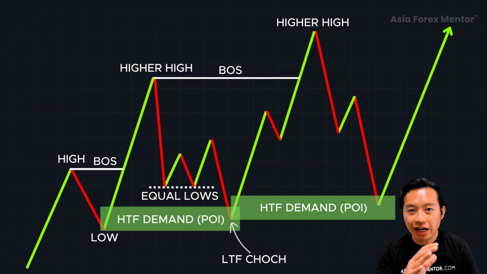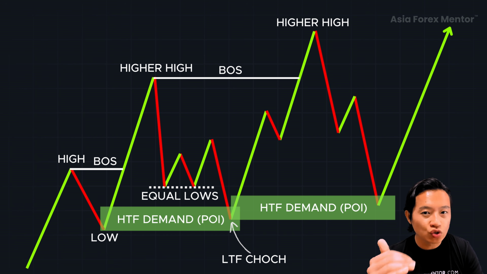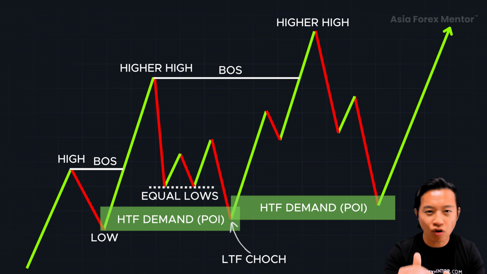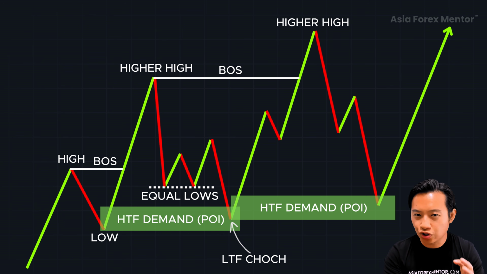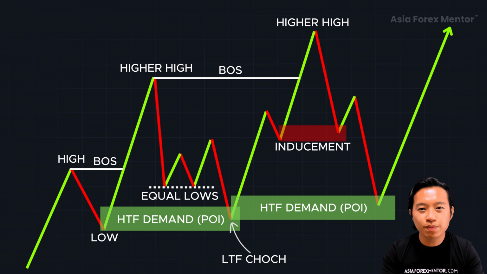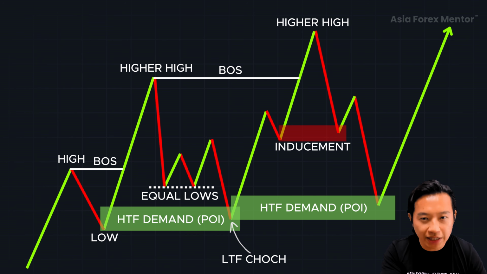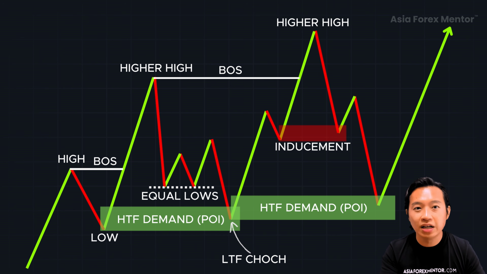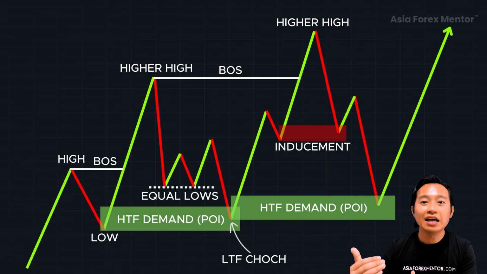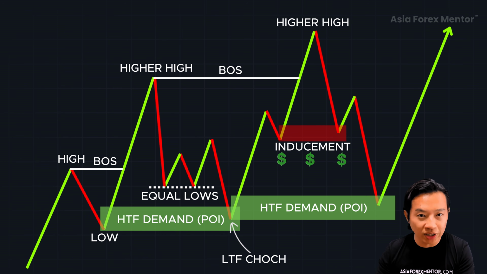It is important to note that another unmitigated zone near the break of structure can confuse traders on which zone to trade. So as we discussed, inducement areas are crafted by big financial institutions and smart money traders, such as the central banks, to mislead retail traders into taking buy or sell positions, ultimately increasing the market liquidity.